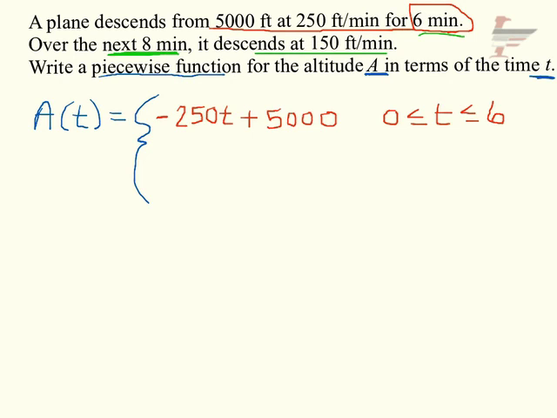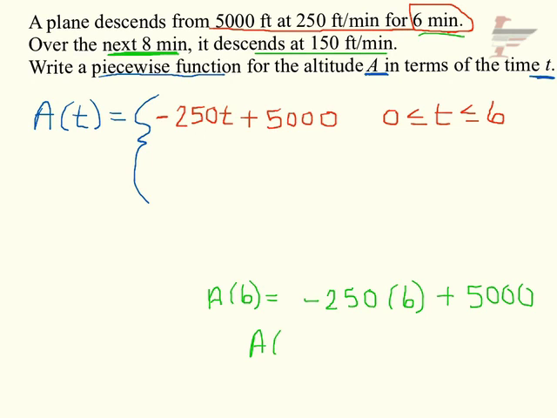So down at the bottom, I'm going to take that first piecewise function, negative 250t plus 5,000, but I'm going to substitute time with 6 because at the 6th minute is where this descent rate changes. So I've got to know what that is. So A sub 6, or the altitude at 6 minutes, is 3,500 feet if you do that simple math. So that's going to be my y-intercept of the second piece.